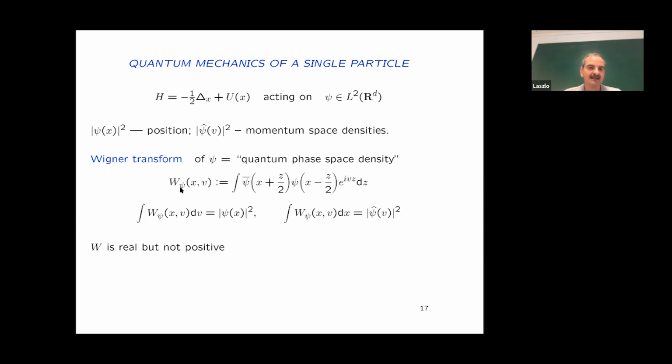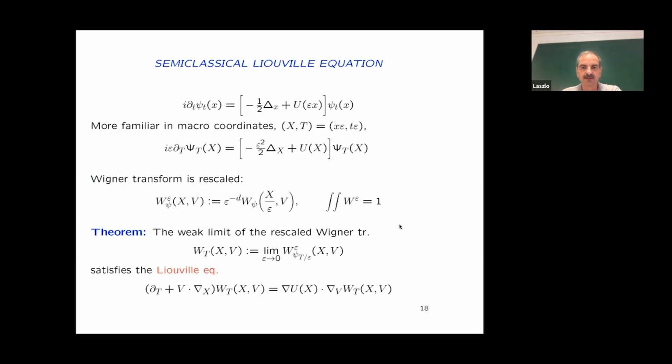So this is the basic object because we are trying to describe a Boltzmann equation, later on a diffusive equation. For that, we need a phase space density, so the Wigner transform will play the role of that.